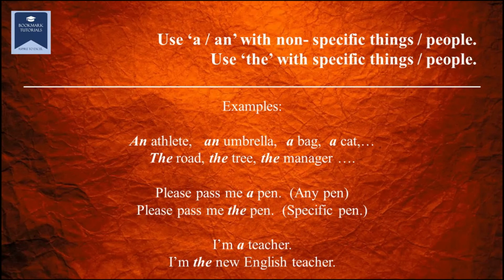When we say, please pass me a pen, we mean any pen, because any pen would do, and we do not have any specific pen in mind. On the other hand, if we say, please pass me the pen, that indicates a specific pen.